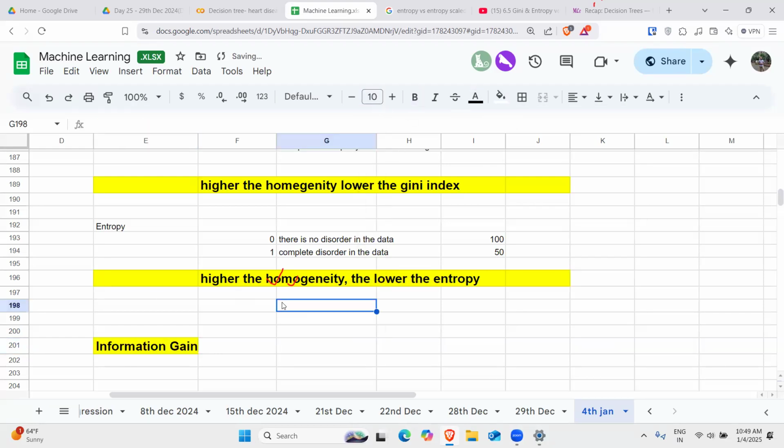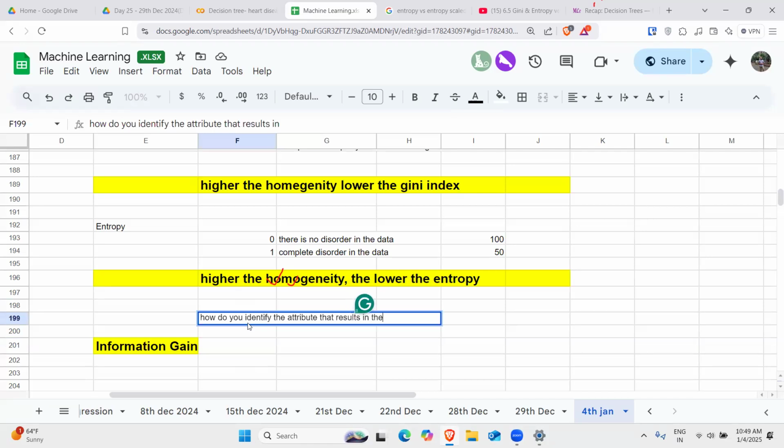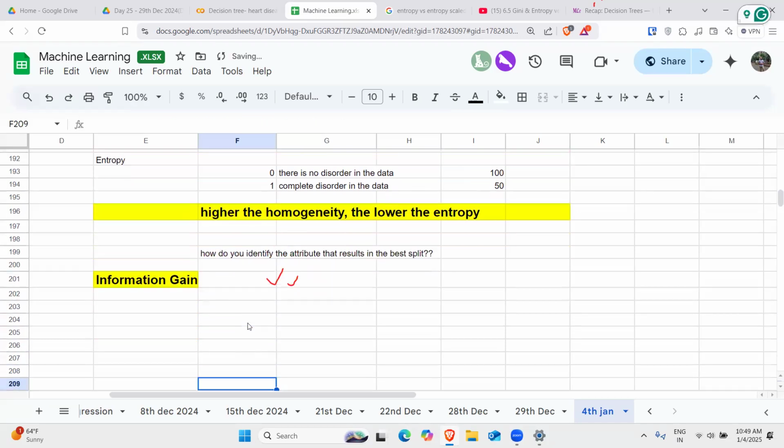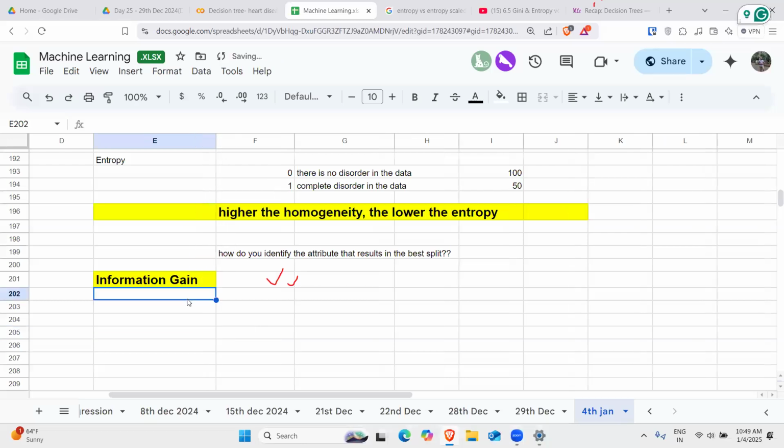You have understood the concept of purity and impurity of a node, but how do you identify the attribute that results in the best split? Let's hear more about this by talking about information gain, right?